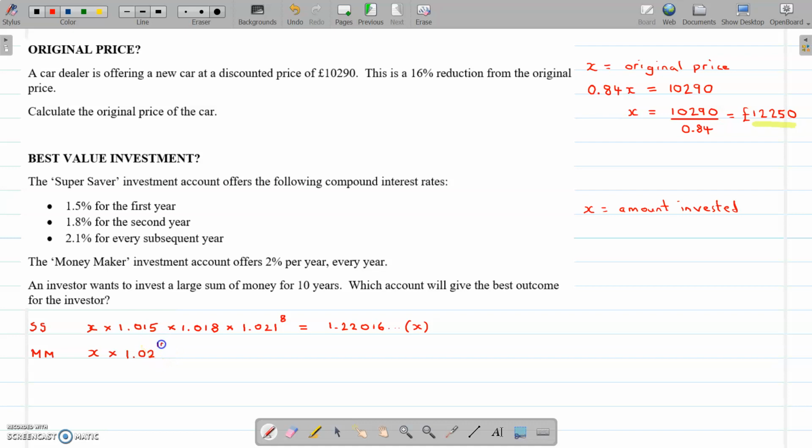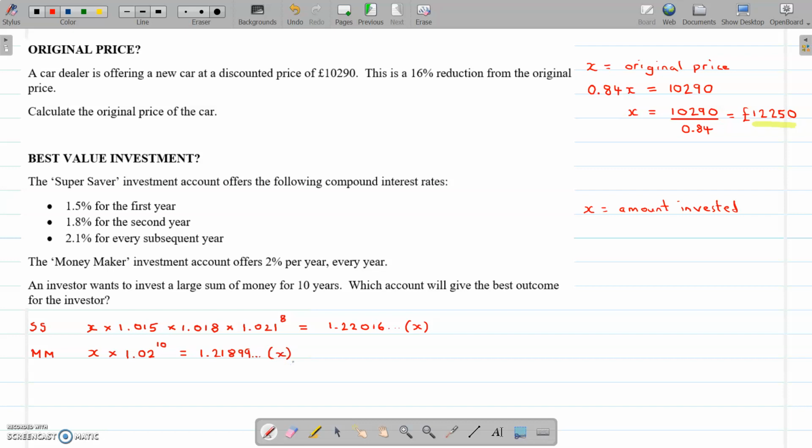So it's simply that, and if you put that into the calculator, you get 1.21899, and so on, times X.